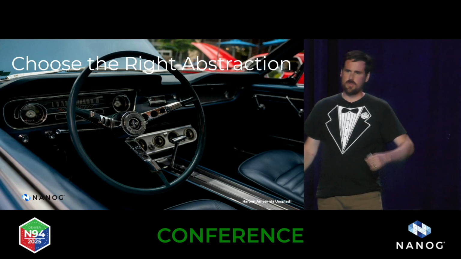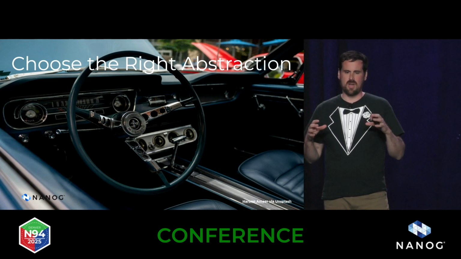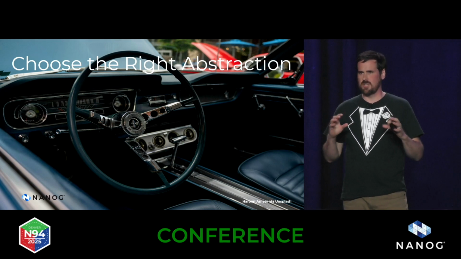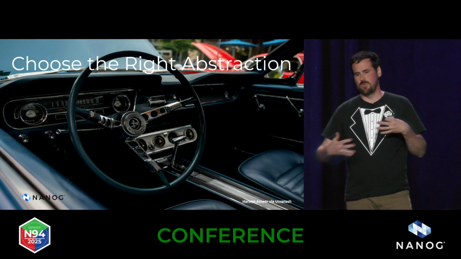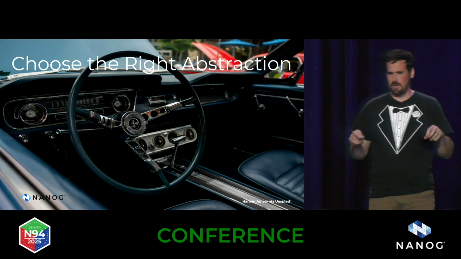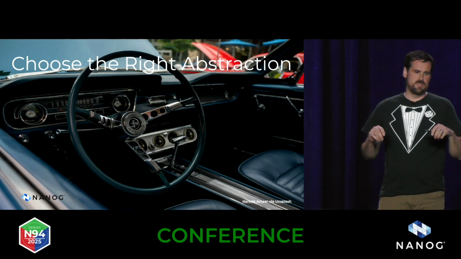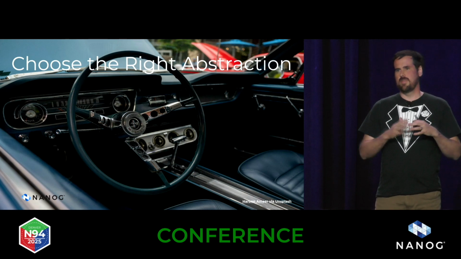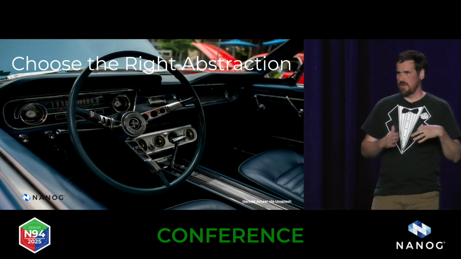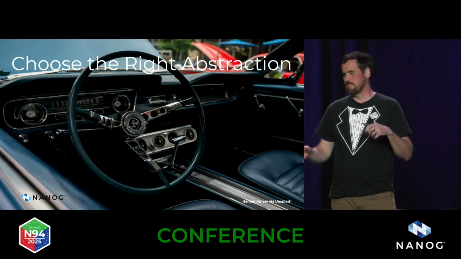When you're building something, you want to decide on your abstraction because that's the thing that you're going to be interacting with on a day-to-day basis, but it's going to do more complicated things under the covers for you. Decide on your abstraction first and then break that into smaller pieces to chew through that problem.